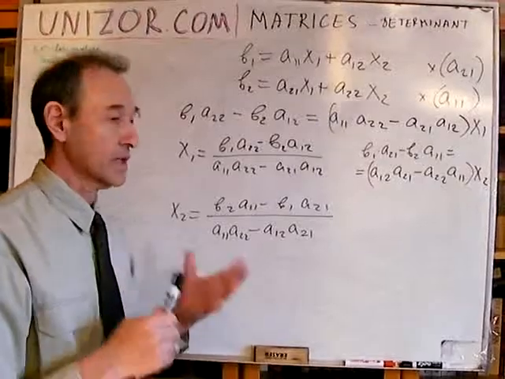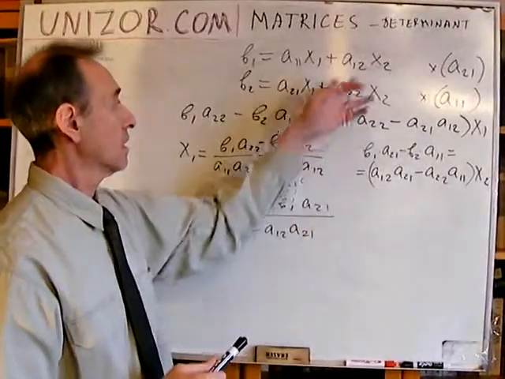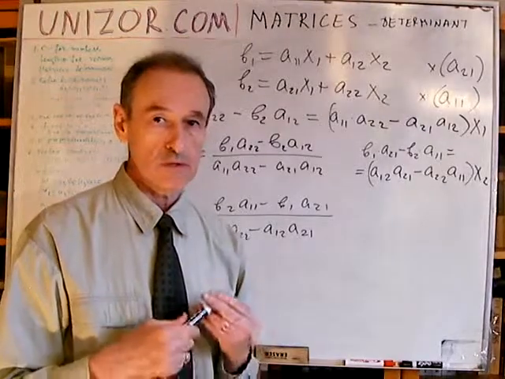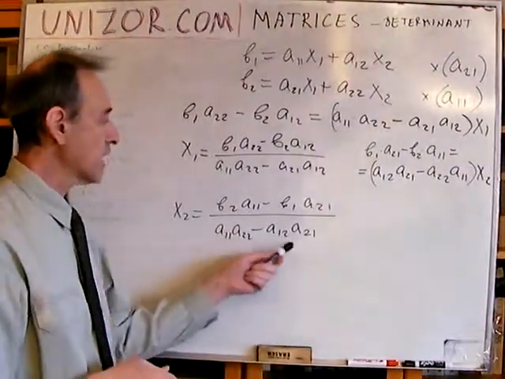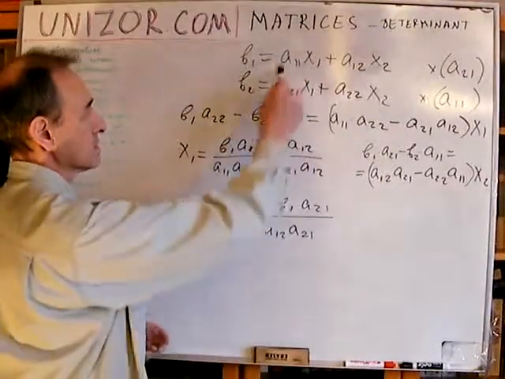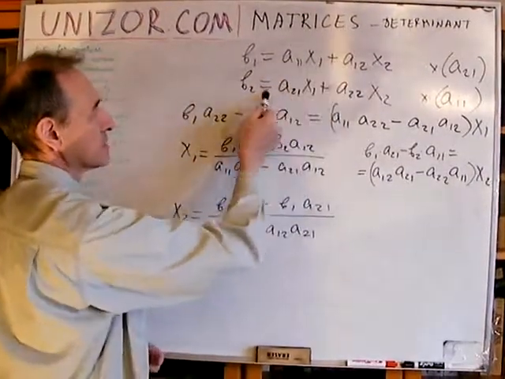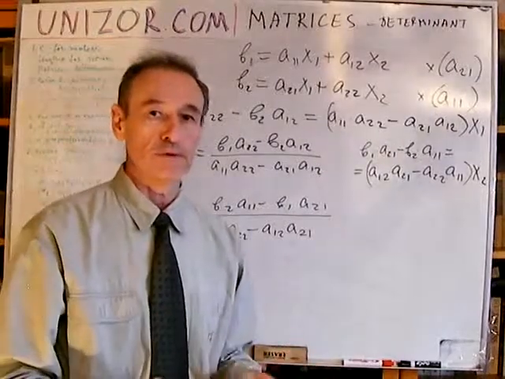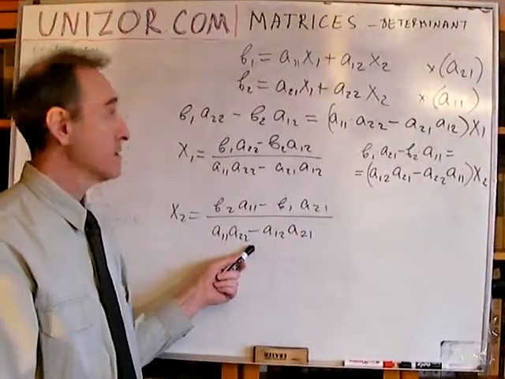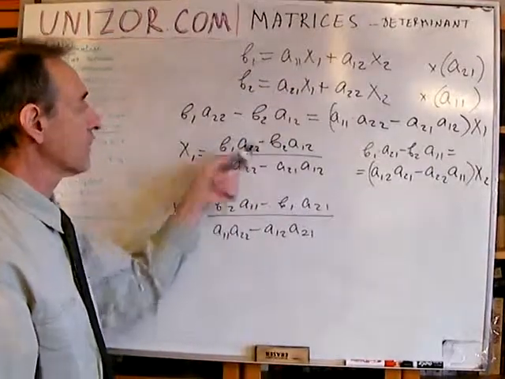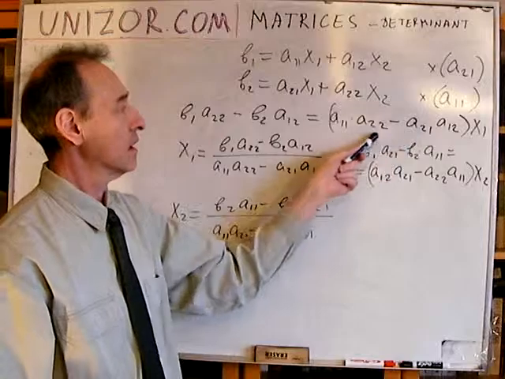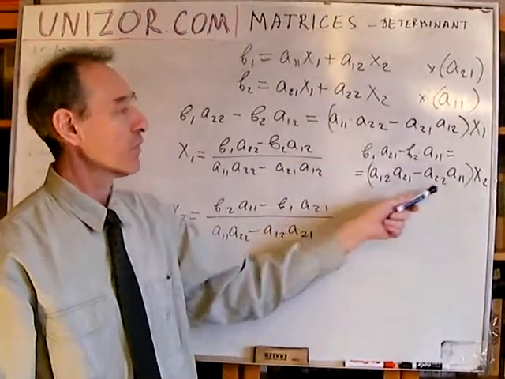Well, first of all, it signifies that for a system of two linear equations with two variables, this number, which is just a function of the coefficients, it's this times this minus this times this, is very important. If it's not equal to 0, then we can actually solve the whole equation.